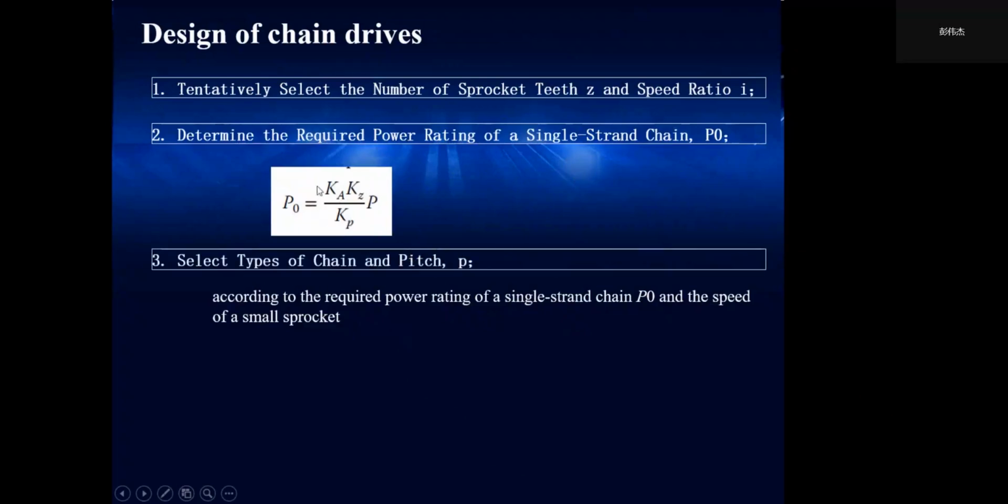And then we determine the required power P0. Once we have P0, according to P0 and the speed of driving sprocket, we can select types of chain and pitch from the selection diagram.